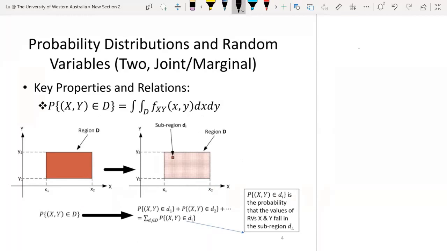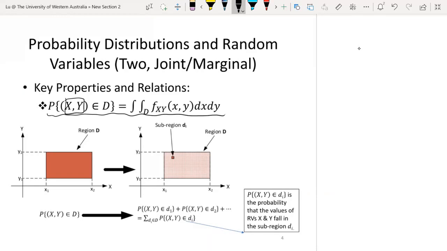After understanding the concepts of the joint CDF and joint PDF, we are going to keep introducing some properties regarding these two concepts. The first is to calculate the probability that the values of x and y, these two random variables, fall into a small region D. At the bottom left of the slide, you can see our first graph, and this two-dimensional space is defined by x and y.